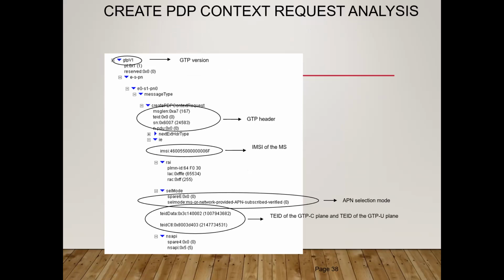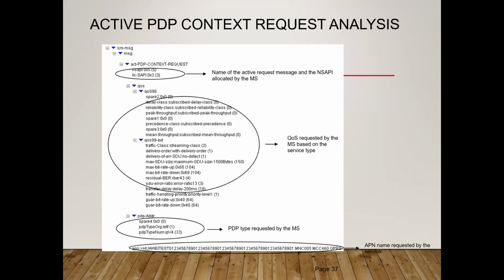For example, you get an activate PDP request, and maybe you get an activate PDP reject, and based on the rejection cause you identify that the APN cannot be resolved. Then you will check the internal messages: when the SGSN sent the request to the DNS, or to its internal DNS cache, what was the response received?